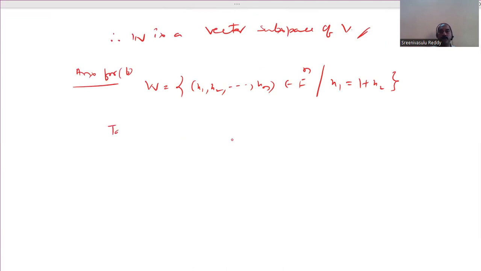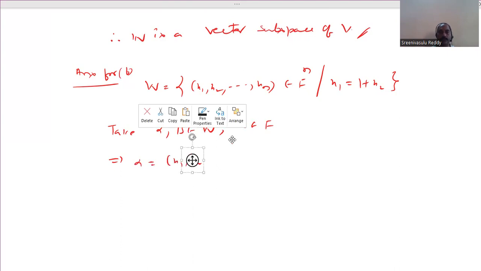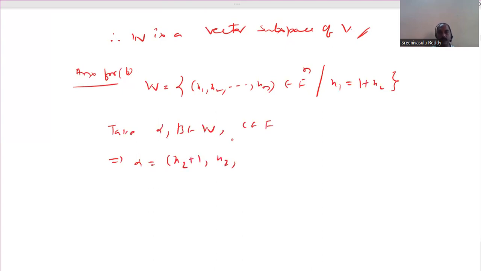As usual, the routine procedure: take two vectors and one scalar. So, alpha, beta in W. The vectors in W are in the form x1, x2, so the x1 value depends on x2. So alpha is in the form 1 plus x2, x2, x3, and so on xn.